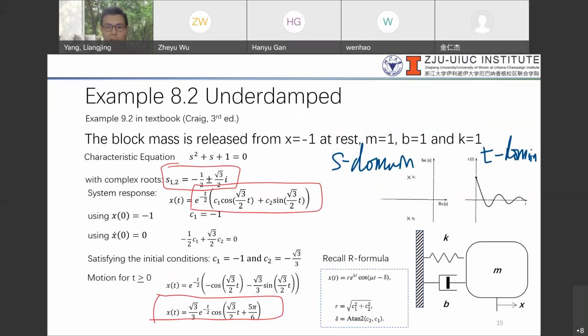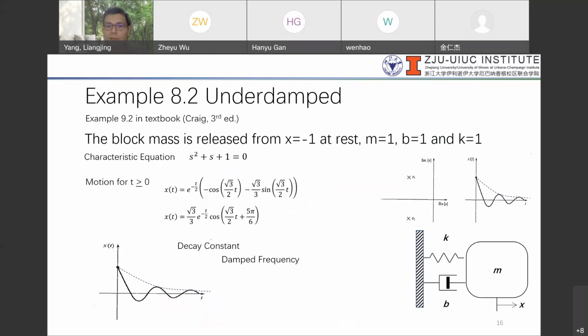So I will not go too much into this detail, but the idea here is quite common to all other problems of solving this form of differential equation.